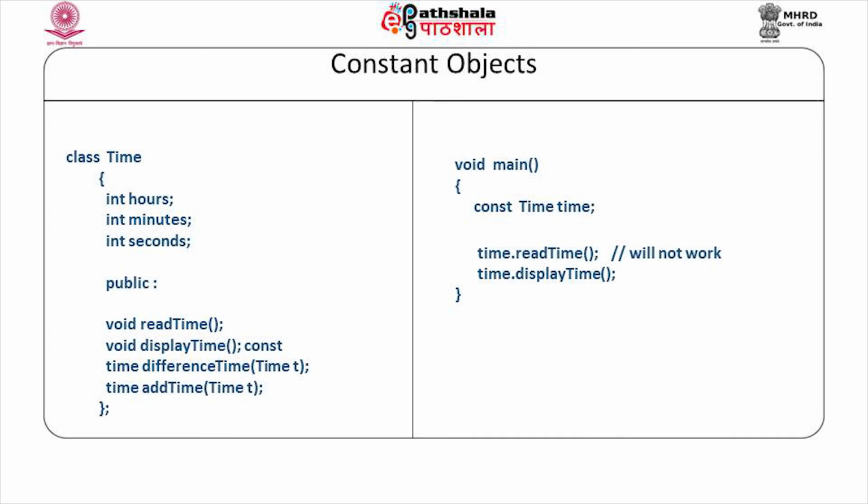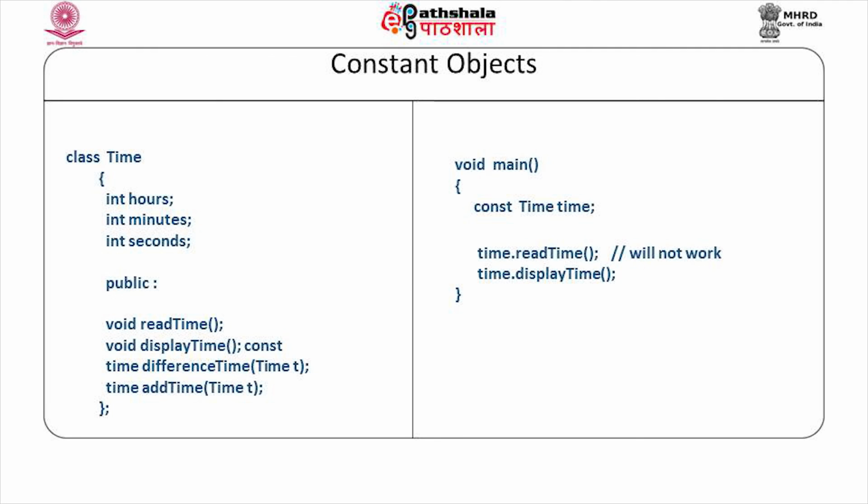If a class has at least one constant member function, it is possible for us to define the object of that class as constant. For example, here we have defined this time object, which is the object of the time class, as constant.